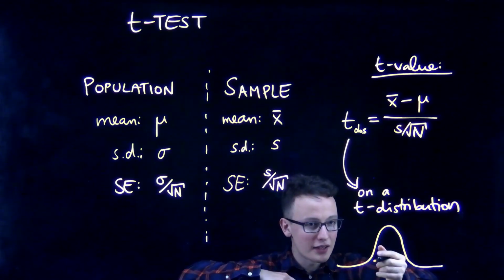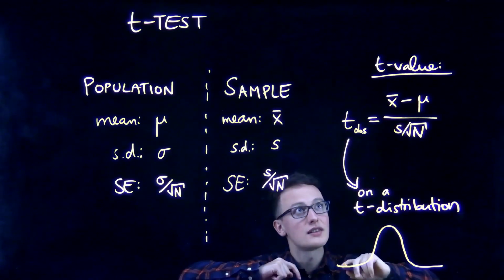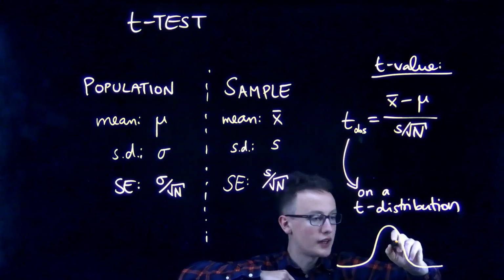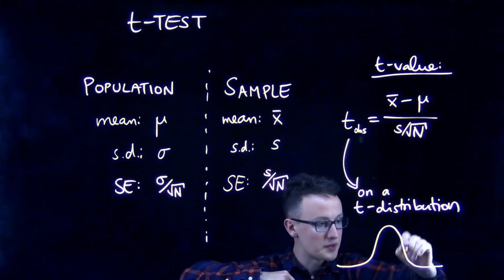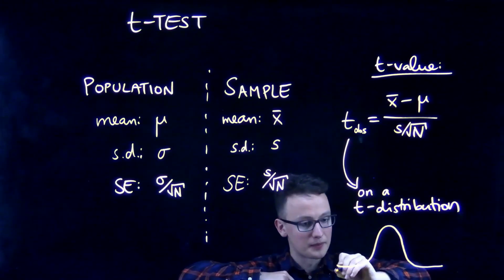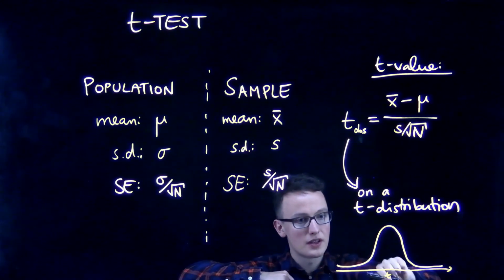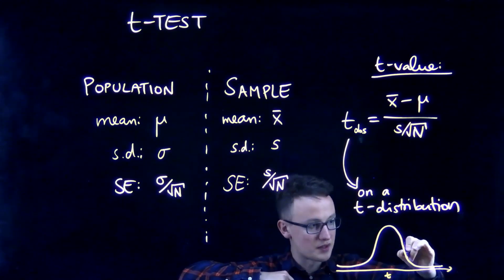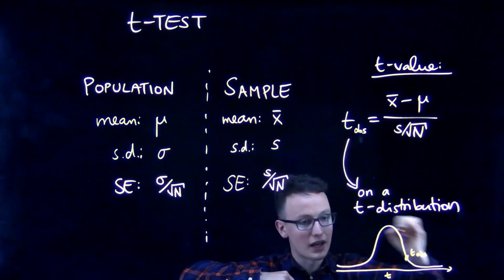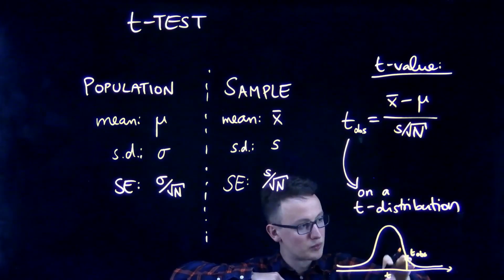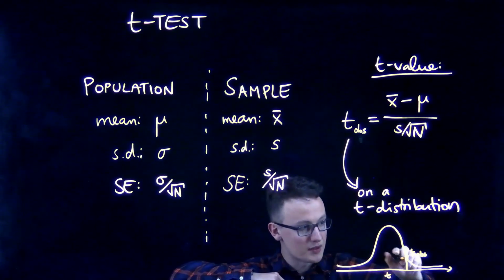And then the idea is very similar to what we saw for the z-test, so we would now take this observed t-value and see where it lies on this curve. So maybe these are possible t-values here, and our t observed is, say, about here. That's t observed. And so again, we would think of the probability area that's to the right of it, so as extreme or more extreme than this observed t-value.